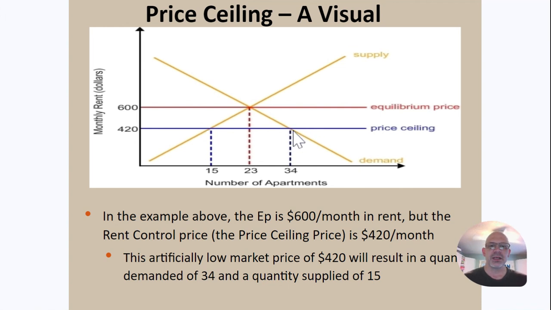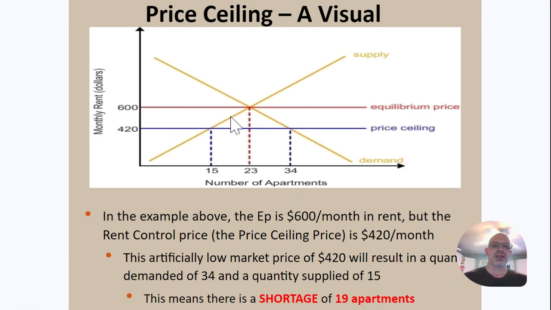Whenever there's a price ceiling, quantity demanded is greater than quantity supplied, and that's 34. You subtract the quantity supplied at that price, the amount of apartments available. And so what you have left over is 19 apartments that people want at $420 that are not available.